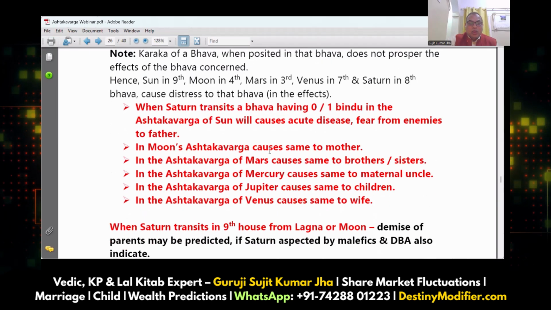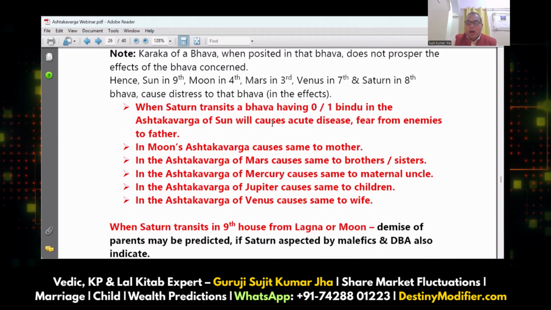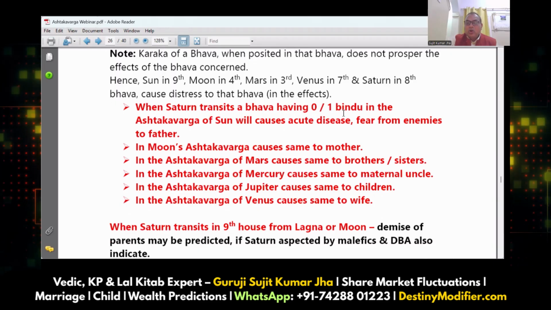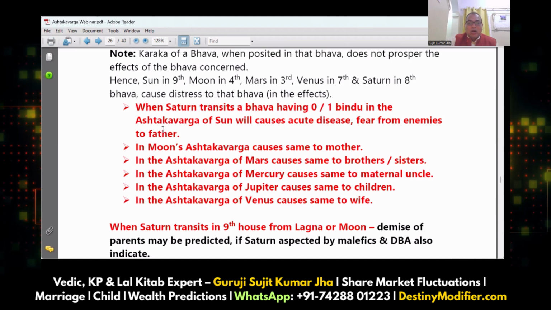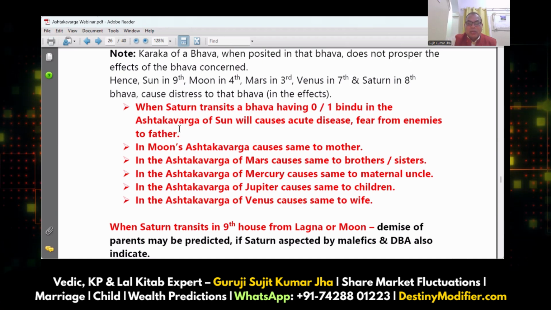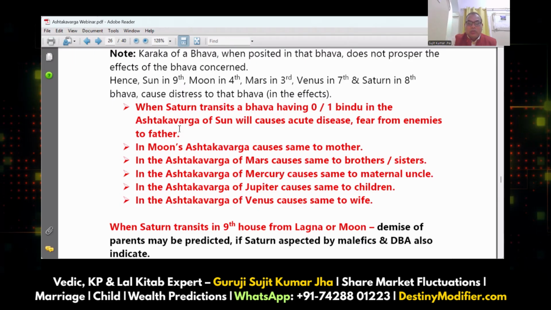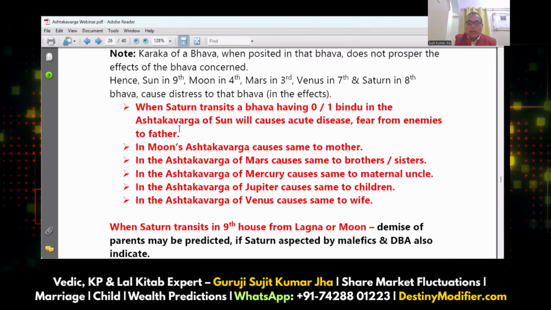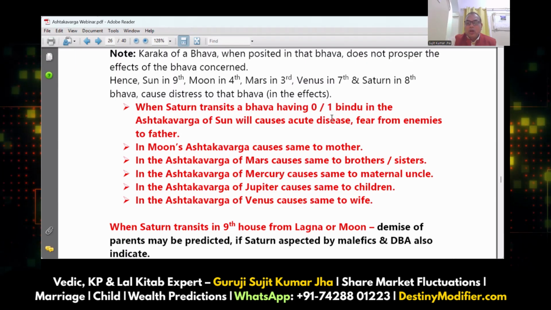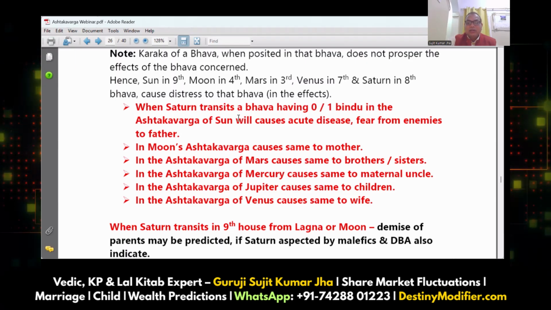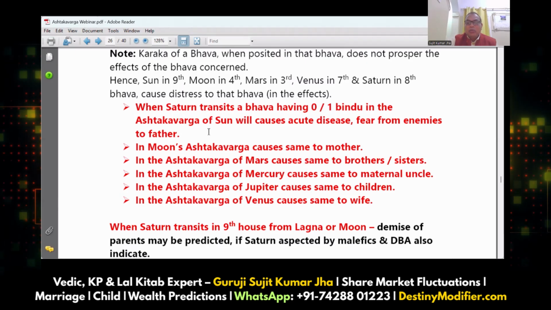Now suppose when Saturn transits a bhav, and that bhav has 0 or 1 bindu in the planet's Ashtakavarga. So if we are considering the father, in the Sun Ashtakavarga, any bhav has 0 point or 1 point, and in that bhav Saturn transits, it means problem to the father.